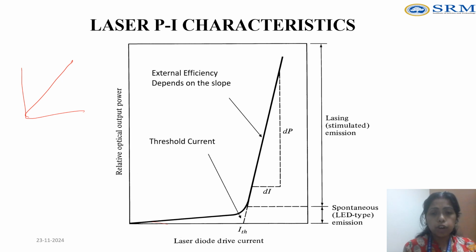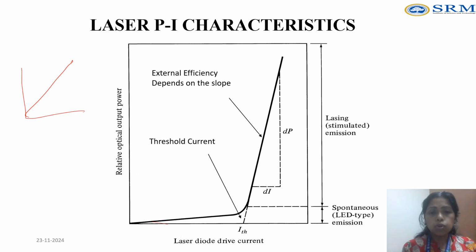So at that moment when the stimulated emission starts, you will get one current. If you want to calculate the slope dP/dI here, you will get a low value. Here, if you calculate dP/dI, you will get a high value. So the efficiency depends on that. The change in the power with respect to the change in the current. So that formula is 0.8065 lambda dP/dI.